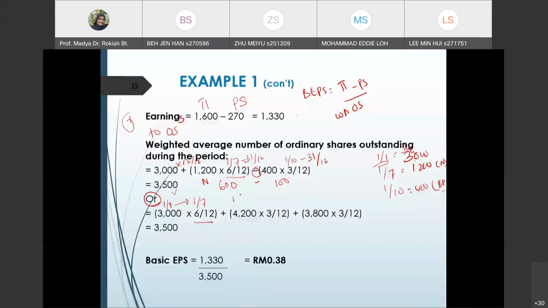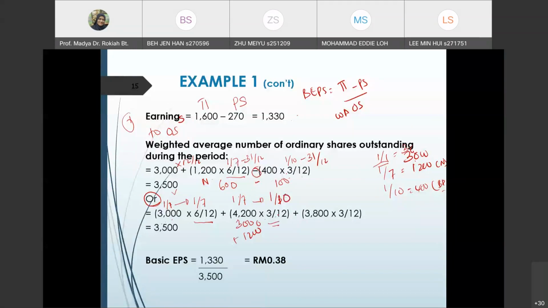Starting 1st of July until 1st of October, the number of shares becomes 4,200, which is 3,000 plus another 1,200. The period only covers July, August and September, so 3 months, times 3 over 12.